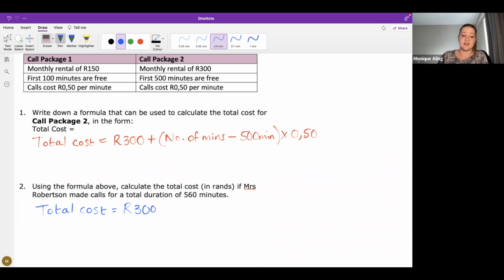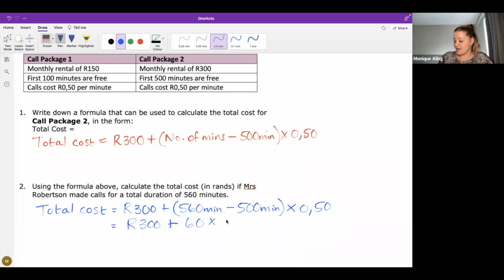Okay, so Mrs. Robertson is going to pay 300 Rand up front. We know that she has used 560 minutes worth of calls minus the free. She gets 500 free minutes. And the minutes that aren't free will be multiplied by 50 cents per minute. So showing all our working out, it means that 60 minutes aren't going to be free.